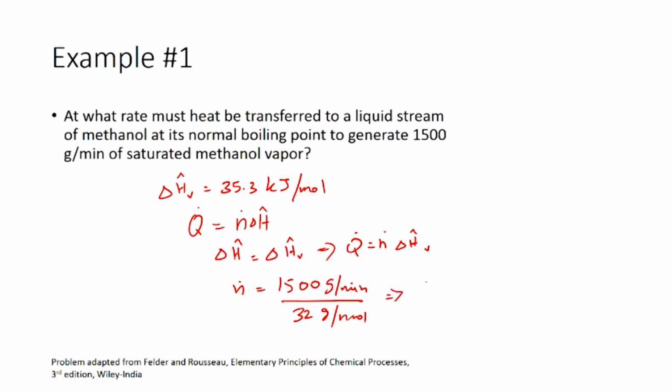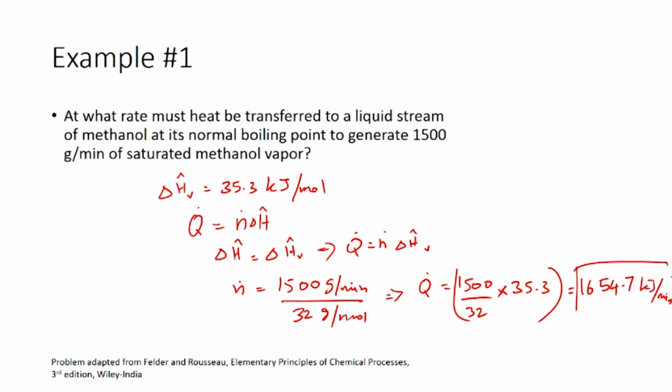Using this we can calculate Q dot as 1500 divided by 32 times the heat of vaporization, which is 35.3. The total value you end up with is 1654.7 kilojoules per minute.